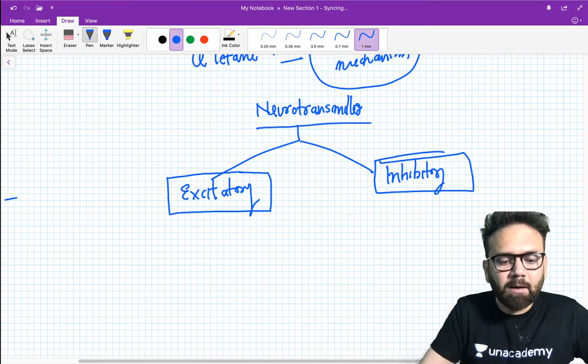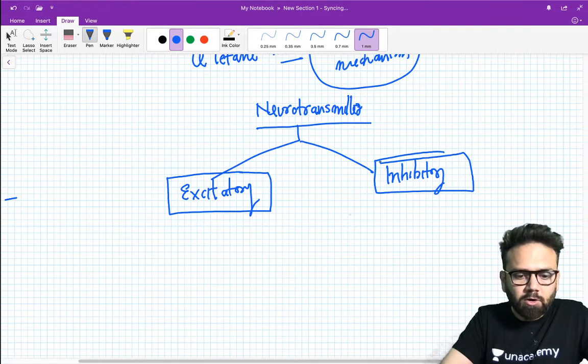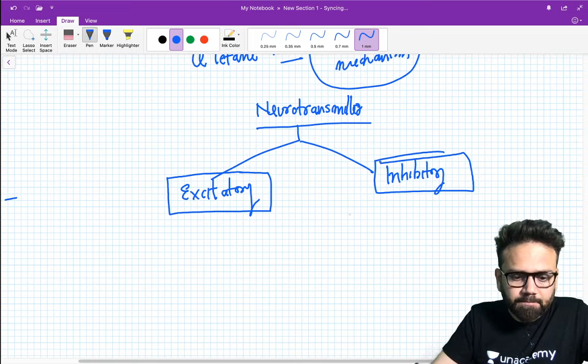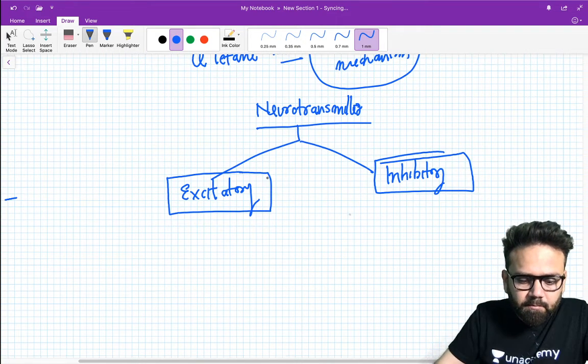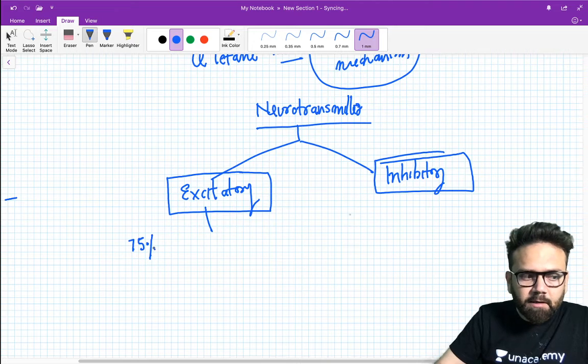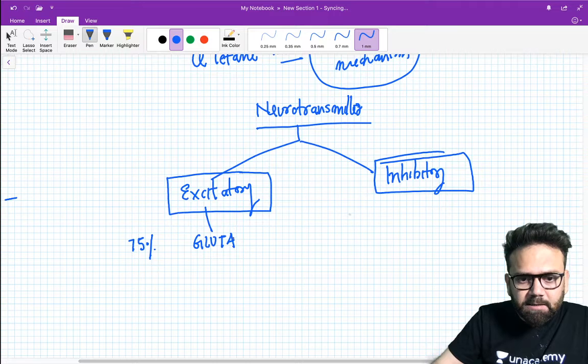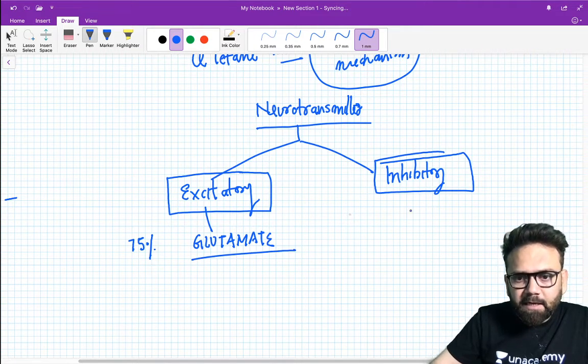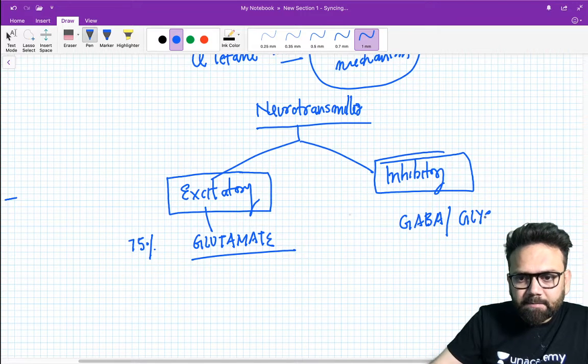Is it glycine, GABA or glutamate? Please comment. Glutamate, yes, 75% is glutamate. And among the inhibitory, it can be GABA or it can be glycine.